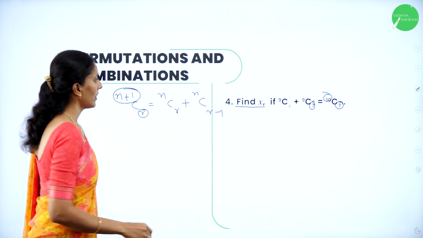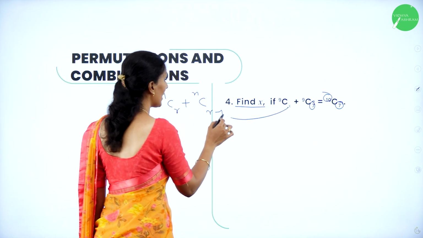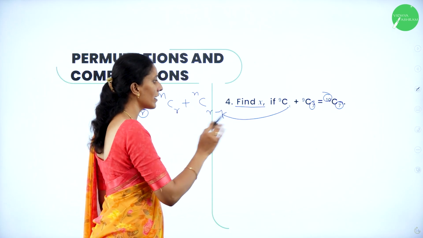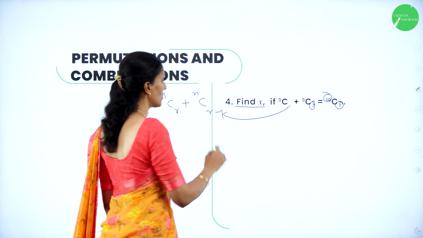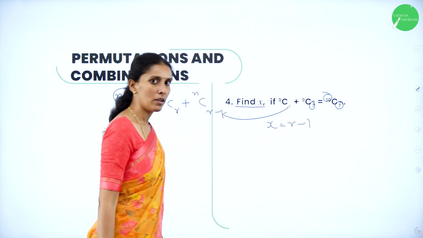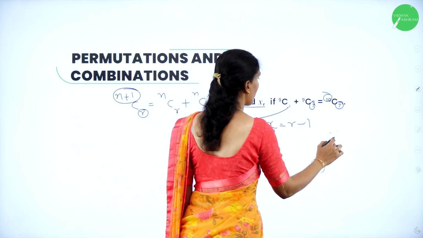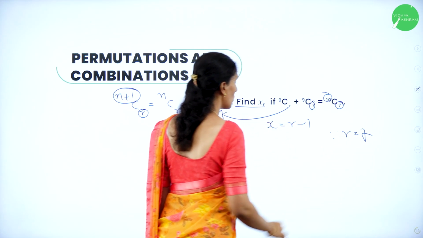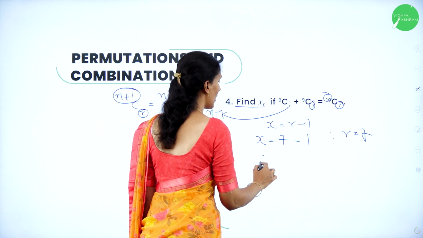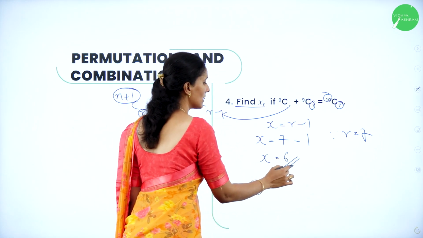So this one you take as R minus 1. They have just rearranged the places. The order is changed, but the sum is the same. So here also X is equal to R minus 1, whereas R is equal to 7. Since my R is 7, X is equal to 7 minus 1. Therefore, X is equal to 6.